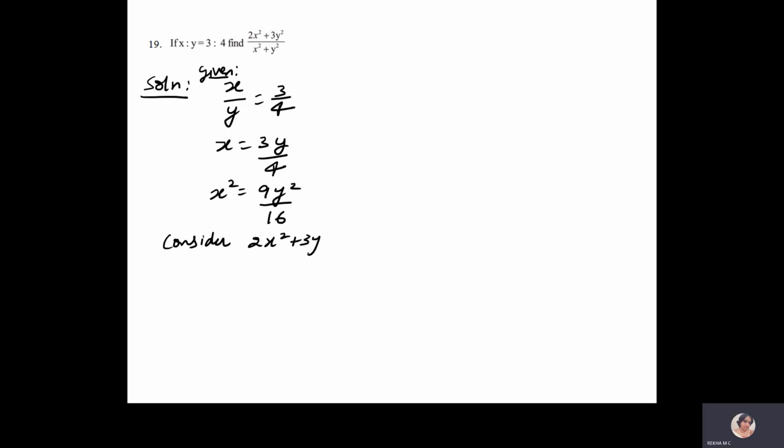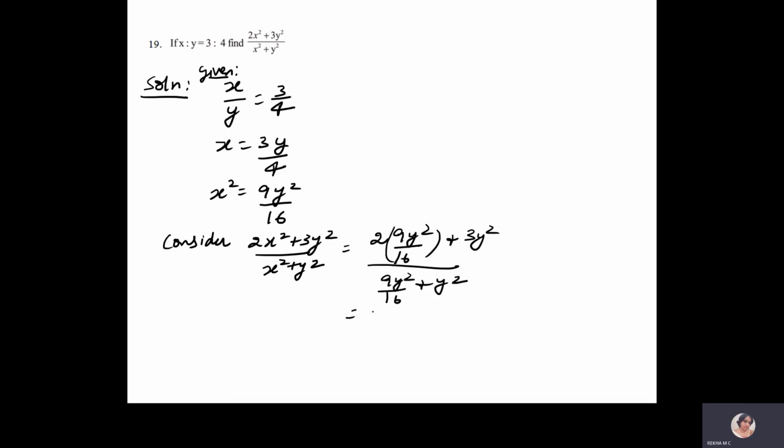So now you consider 2x square plus 3y square divided by x square plus y square. So that is equal to 2 into x square is 9y square by 16 plus 3y square divided by, then again x square is 9y square by 16 plus y square. So in the numerator y square is common, take it out. So I'll be left with, when I take the LCM, 16 will be the LCM.